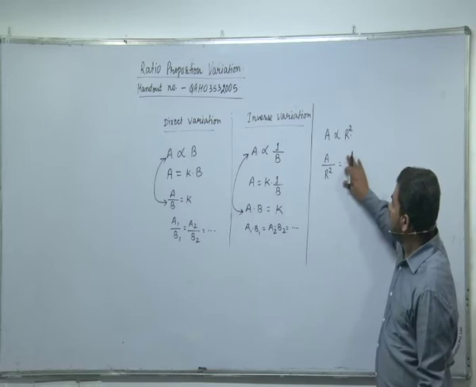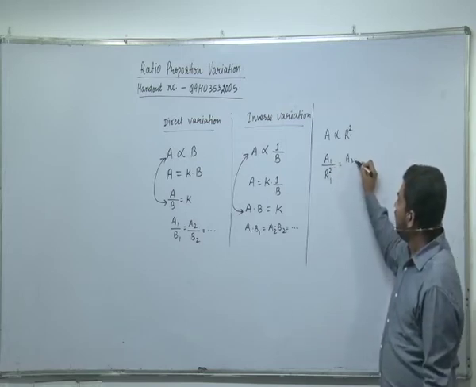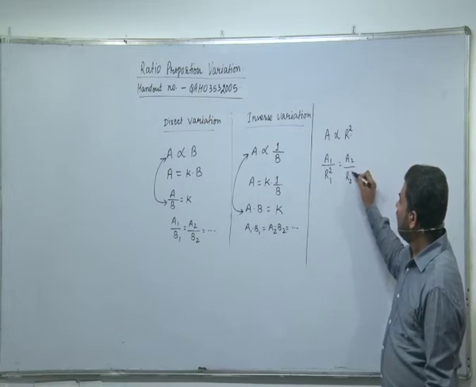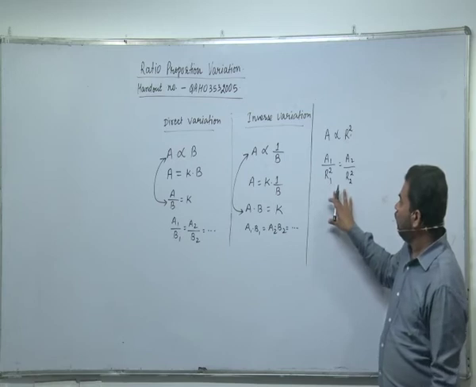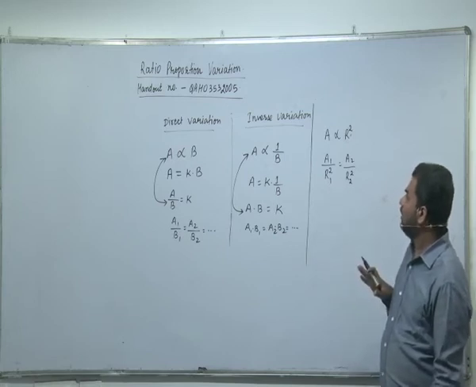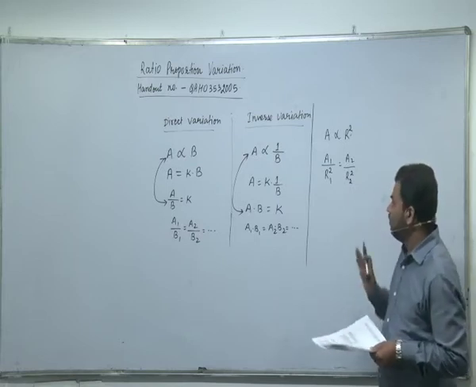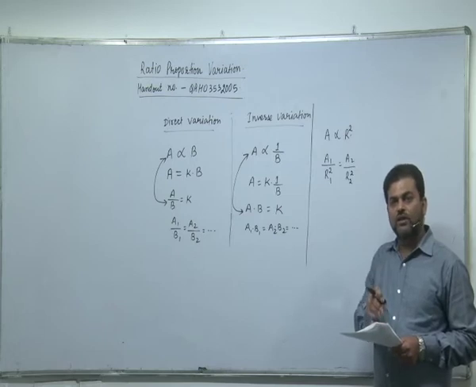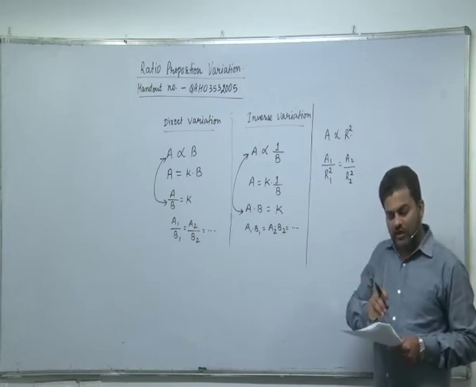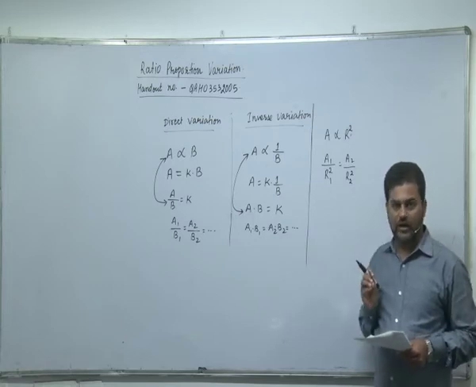Which means I can say A1 by R1 square will be equal to A2 by R2 square. Can we write that? Yes. So we have 4 values here: A1, R1, A2, R2. If you read the question carefully, out of these 4 values, 3 are already given in the question. They are asking you the 4th one. So we can easily put the values here, do our calculations and get the required answer.